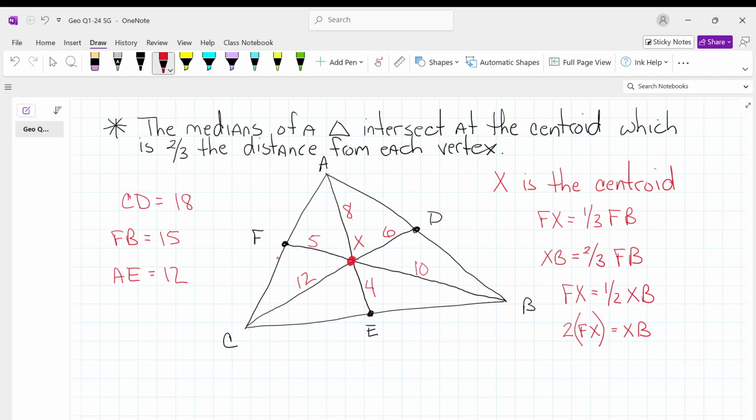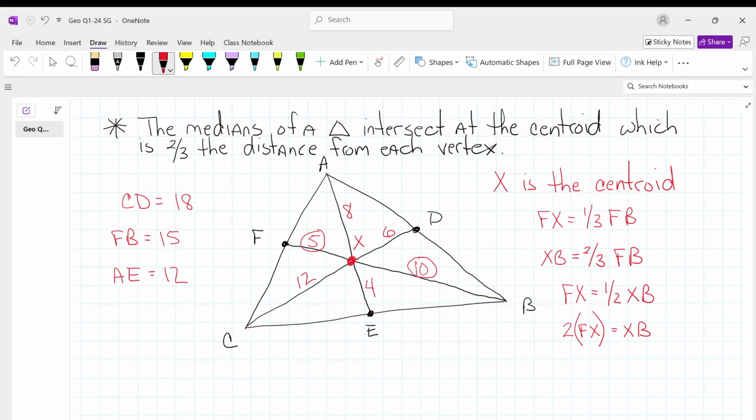F to B, if you were given that distance of 15 and you were asked to find the two smaller pieces, well, you take FB, you divide it by 3, here's 5, that's the short piece. And 5 times 2 is 10, that's the long piece. All right, so that's how you use that rule to find all of the different lengths of these medians.